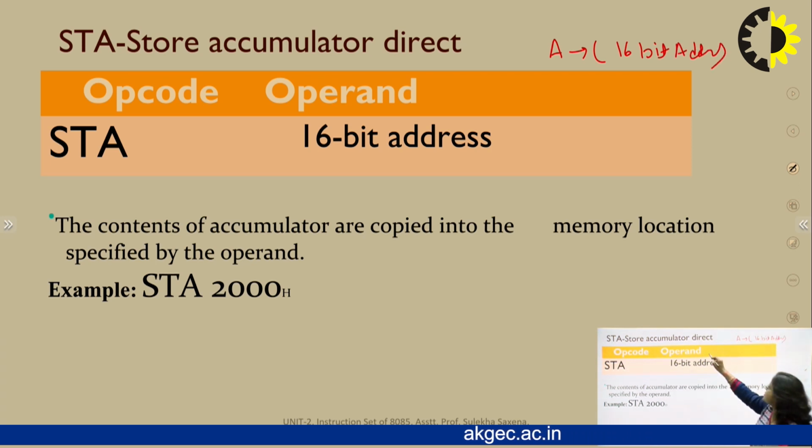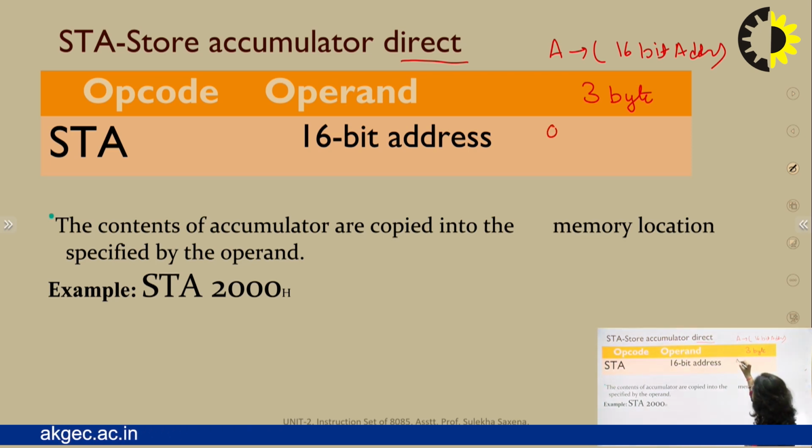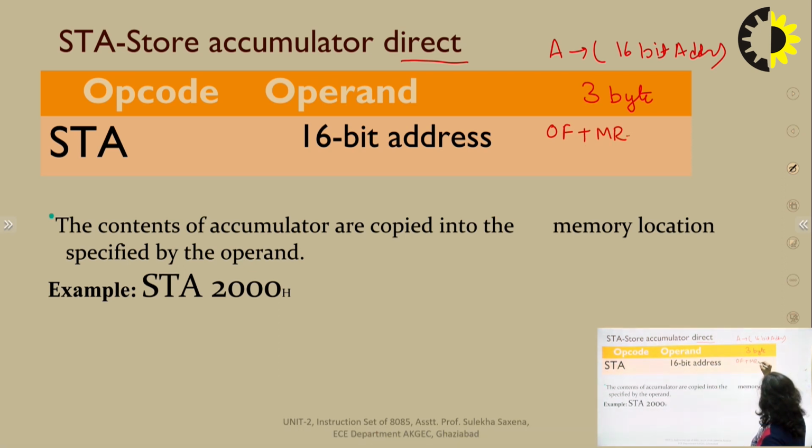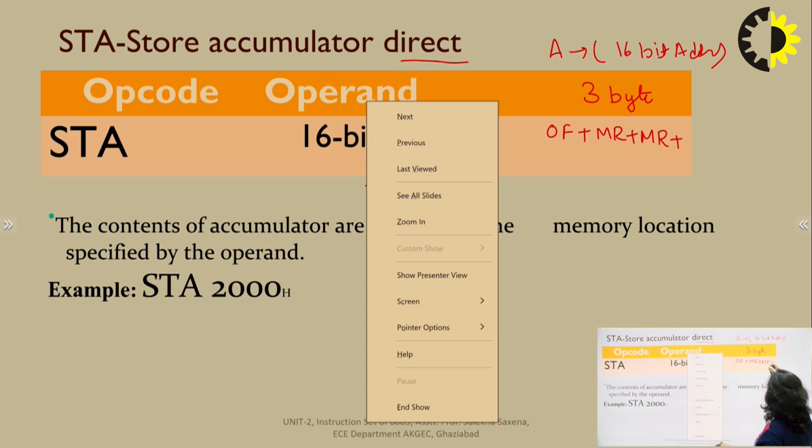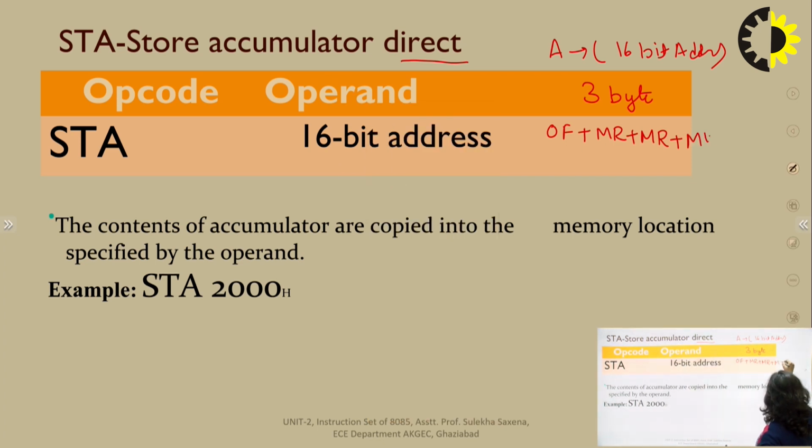It is a direct addressing mode instruction, and a 16-bit address is specified, so the size of the instruction is 3 bytes. For machine cycles, opcode fetch plus 2 reads are required to read the complete address, and then the accumulator is written into the address, so one memory write. Total machine cycles will be 4, 3, 3 and 3, that is 13 T states.